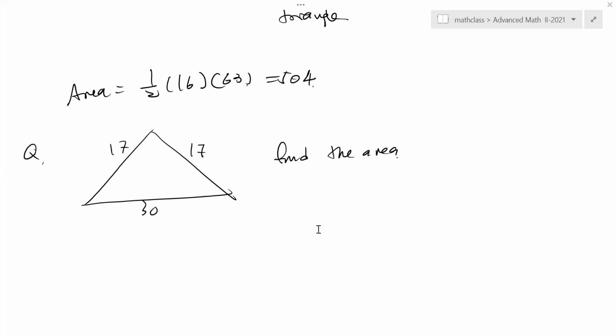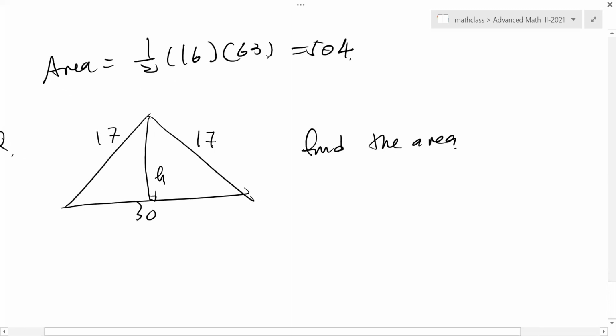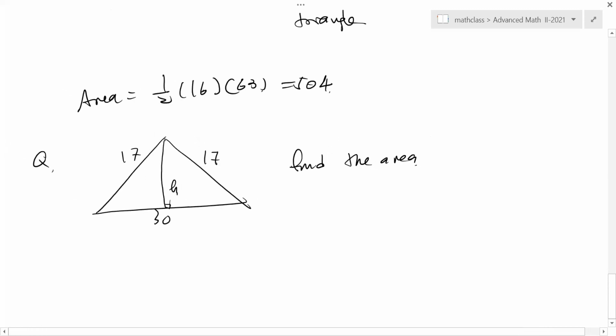So there are two ways to solve the problem, and the natural way is to find the height. Once you draw the line, and you know this is an isosceles triangle, so those two sides are equal. Then this side is 15, this side is 15. Then by the Pythagorean theorem, it's 17 squared minus 15 squared.